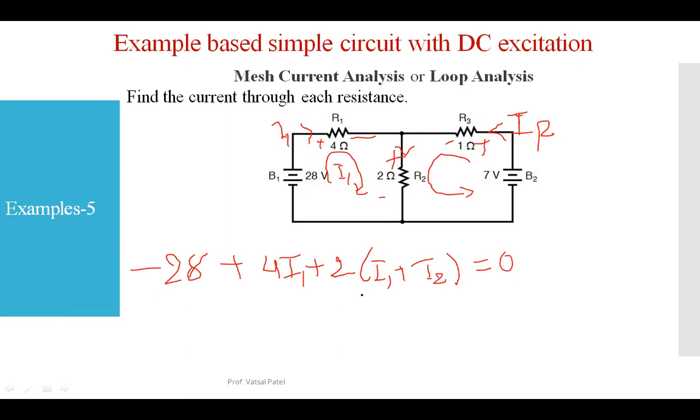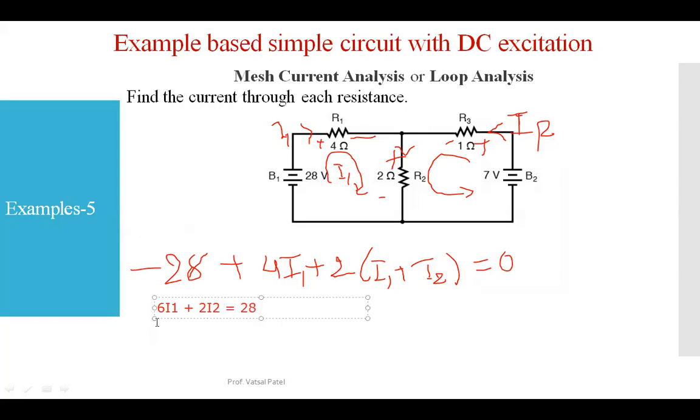If you rearrange this equation, we can write 6I1 plus 2I2 is equal to 28.